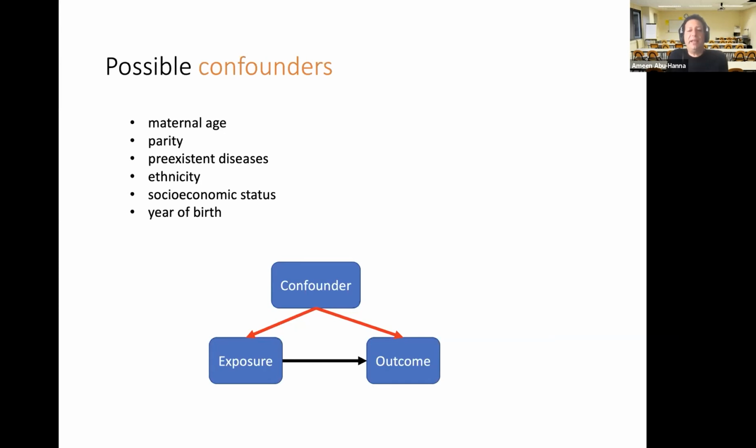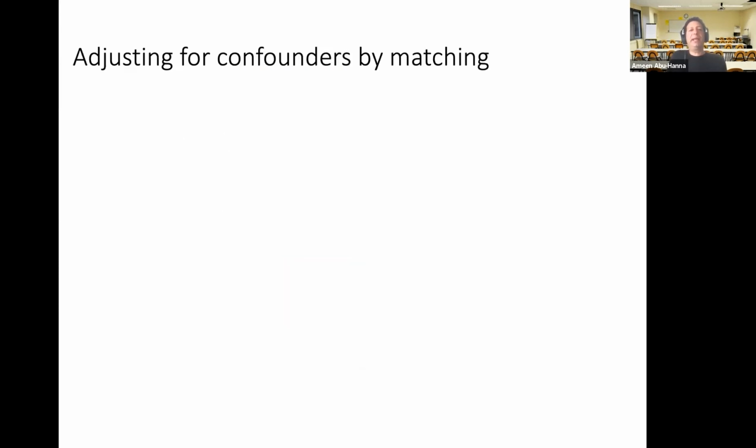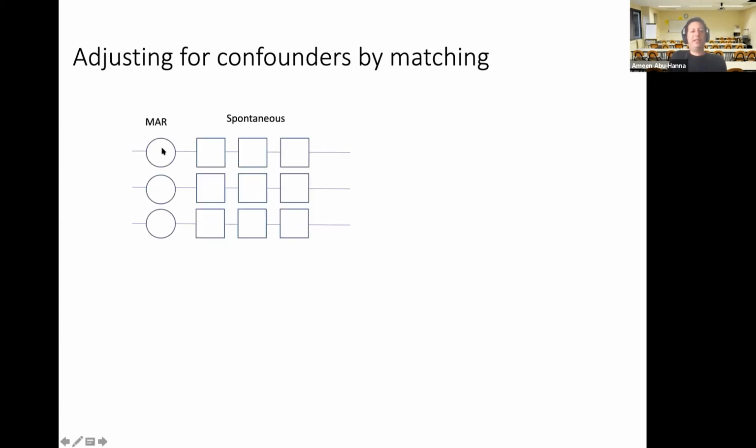There are different ways to do it. One way is we match. We take the MAR pregnancies, and every MAR pregnancy I'm going to couple, match it with 3, you can use 5, you can use 1, pregnancies that are spontaneous. So how do I match them? They look the same as the MAR, except that they did not use IVF.